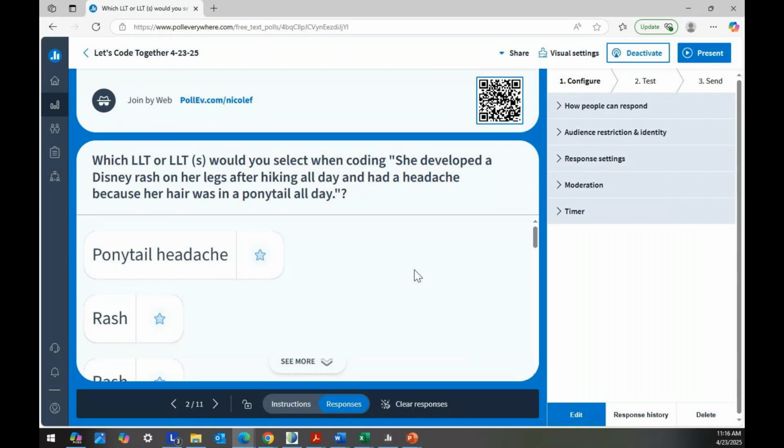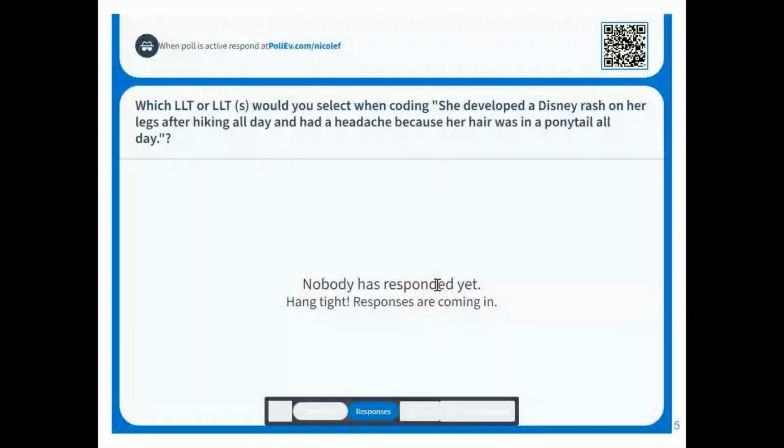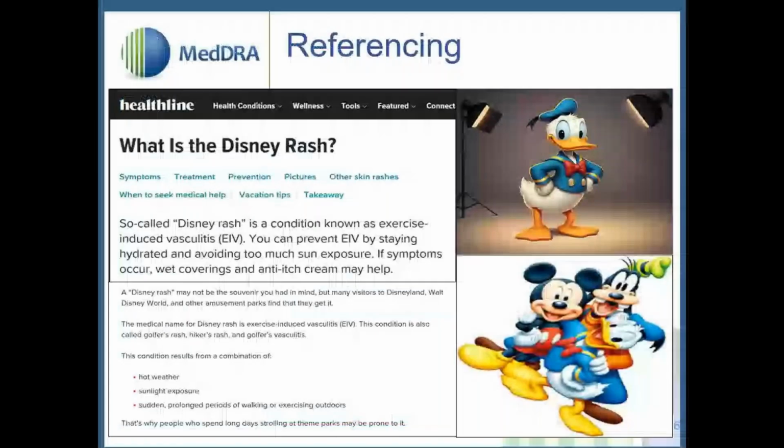Okay, so let's go to the next slide. Excellent, interesting answers. So let's see how I would approach this. What I did, and what someone did very quickly, which I was very pleased to see, was type Disney rash into the browser. There is no such LLT currently in the browser.